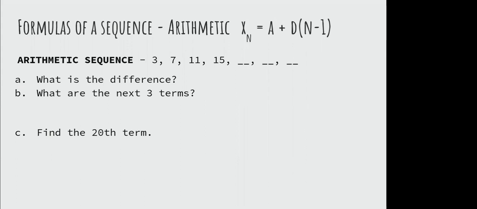So here's our arithmetic sequence: 3, 7, 11, 15. What's the difference? How is the sequence moving? We started with 3, went to 7, went to 11, went to 15. So what is the difference, and what are the next 3?